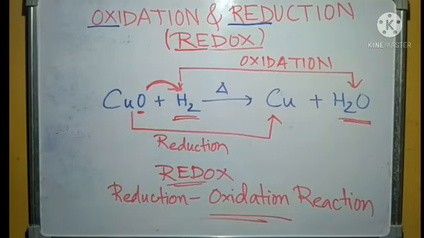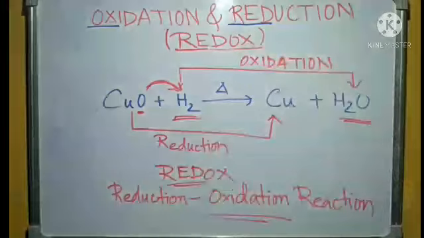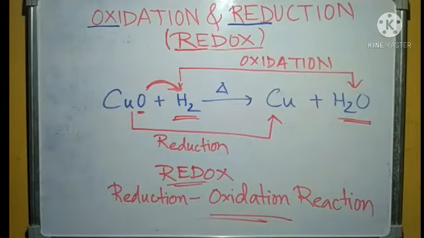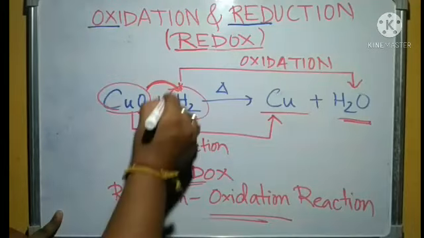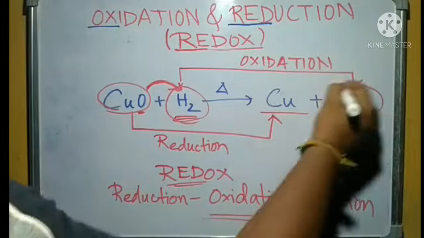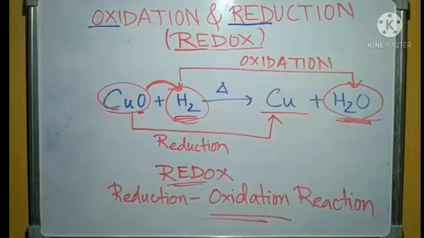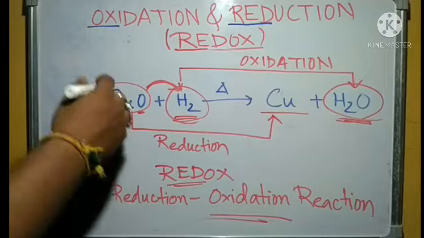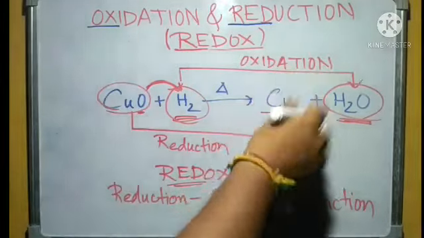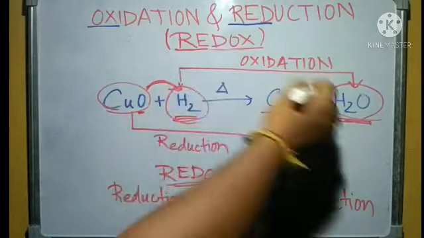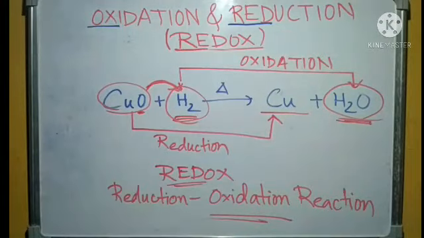Because in the same reaction, both reduction and oxidation processes are going on. So here copper oxide is reduced to give copper and the hydrogen molecule is oxidized to give water. Copper oxide loses the oxygen to give copper, and hydrogen gains the oxygen to give water.